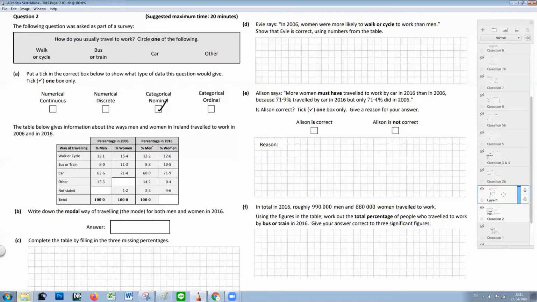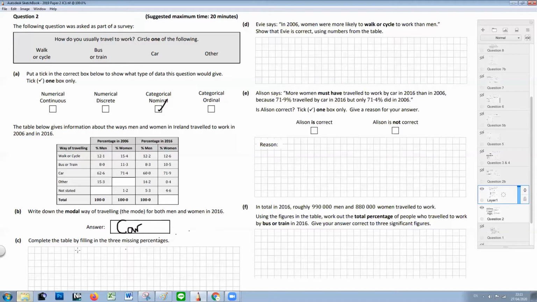If we had 100 men, 60 of those men travelled by car to work in 2016, and if we had 100 women, 71.9 travelled by car to work in 2016. So your mode is clearly going to be the car.